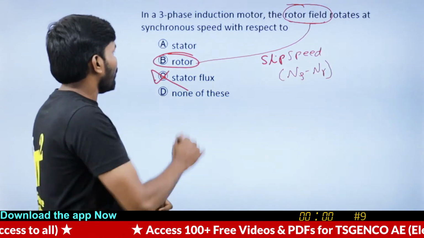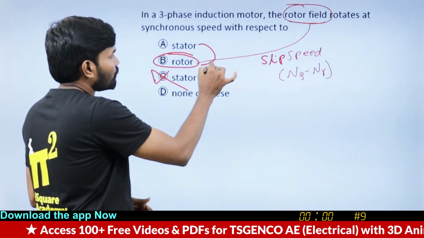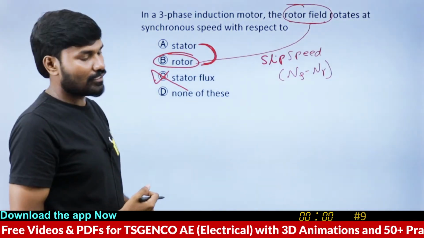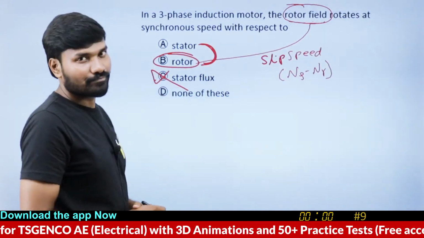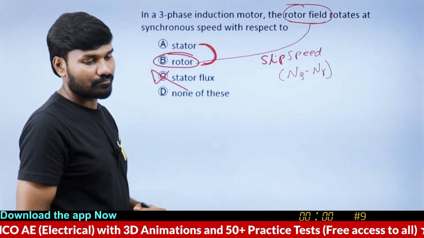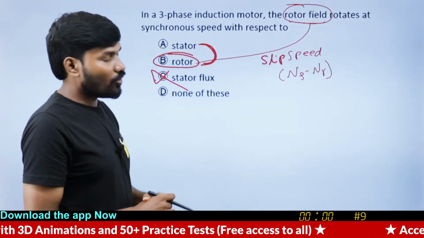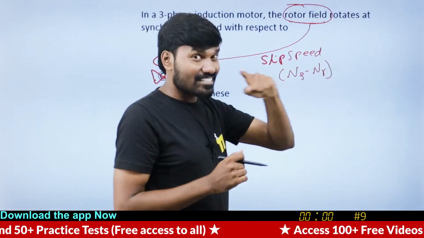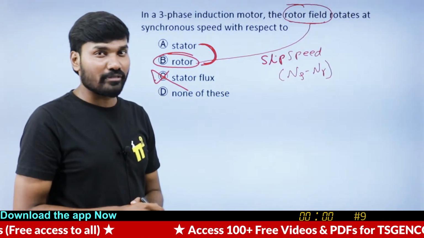Now, what is the relative speed between these two? No dear, slip speed is different. Careful guys. Slip speed is different, slip is different. You cannot say slip. It is slip speed.